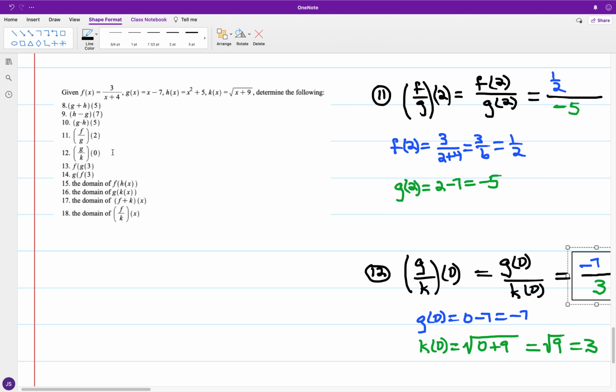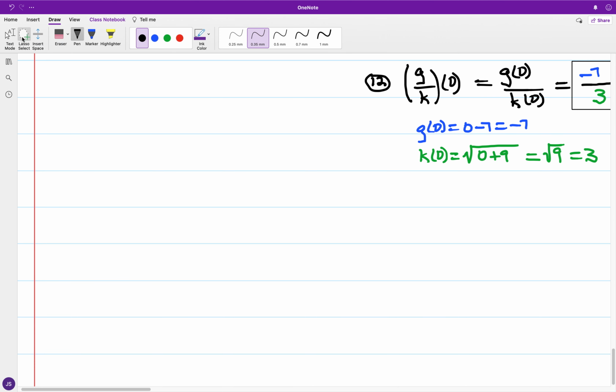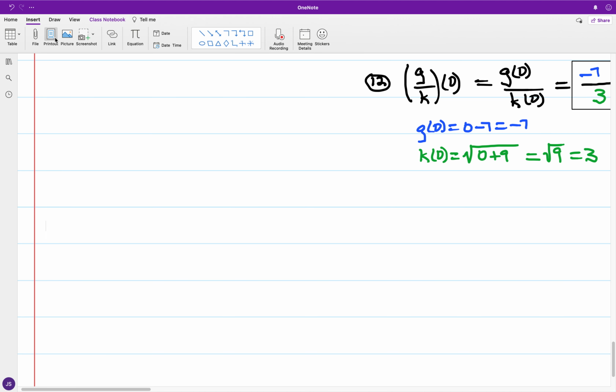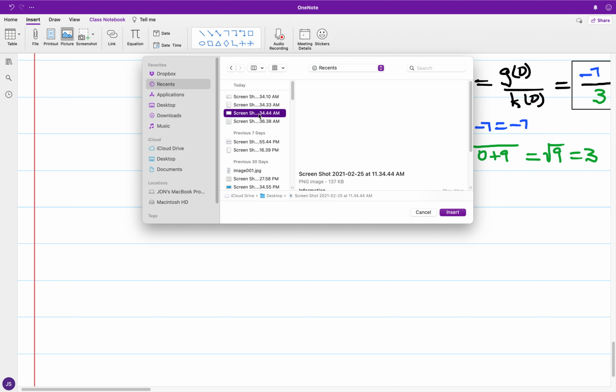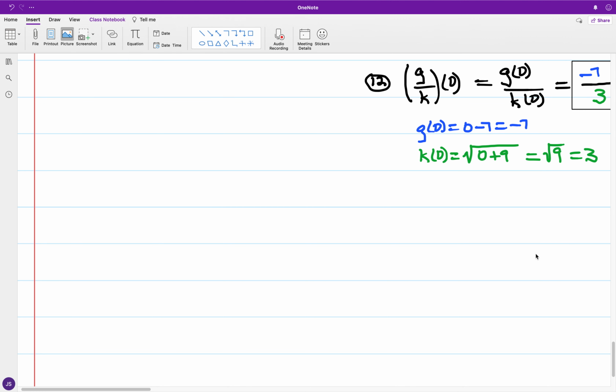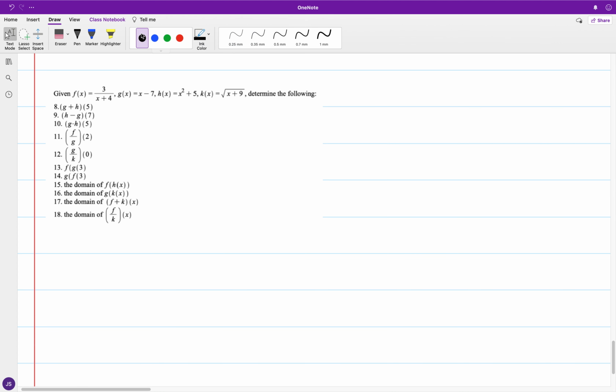So we have in this one, okay. So we have with 13, okay, so you have f composed with g of 3.